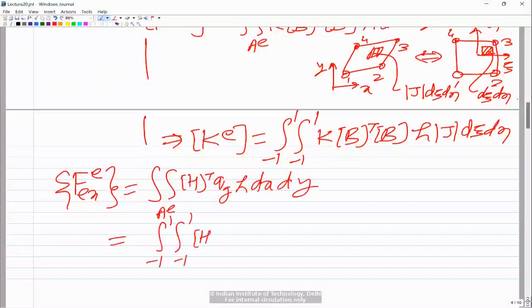H is already in terms of shape functions, and the shape functions are in terms of xi and eta. So the integrand is already a function of xi and eta. So qg into H into determinant of the Jacobian matrix J into d xi d eta. The Jacobian matrix we have already defined. So you can write f external as an integral like this in the natural coordinate formulation.